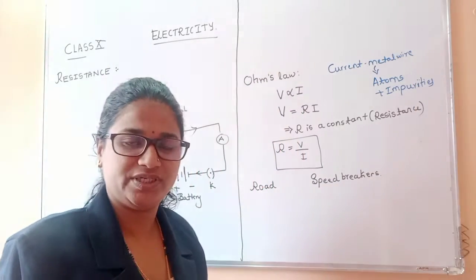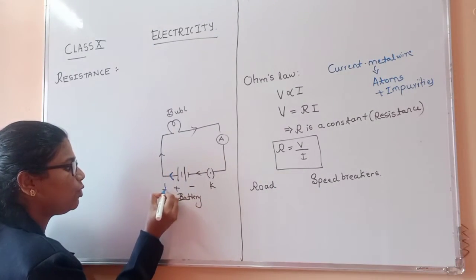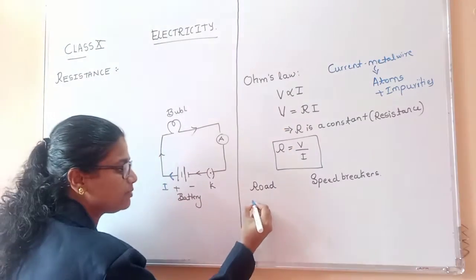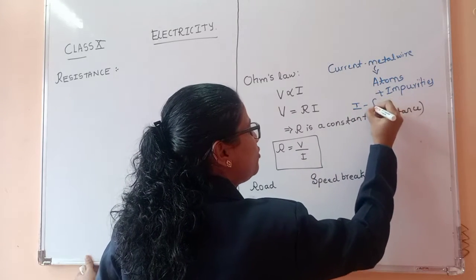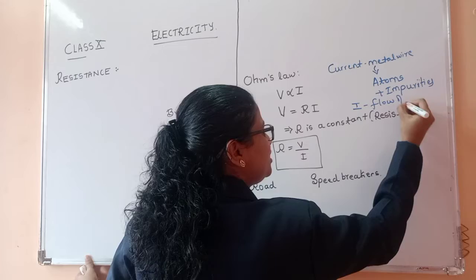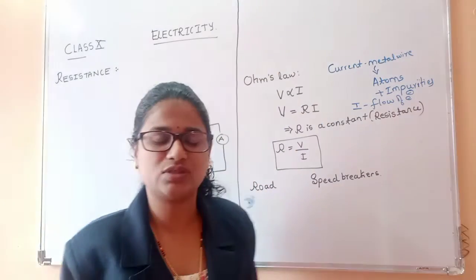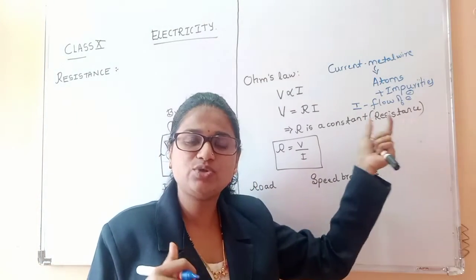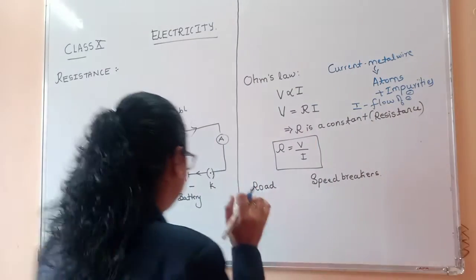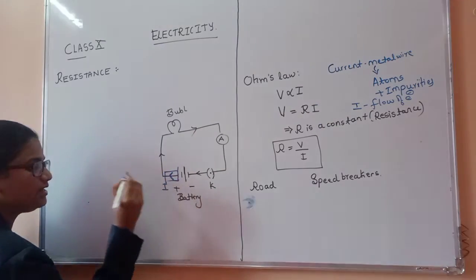Atoms and impurities. So here, guys, when there is a flow of current, I means nothing but the flow of electrons. Will you agree? What is current? It is nothing but the flow or movement of electrons that causes the current. So when these negatively charged particles are moving, let us consider this part in a magnified view.